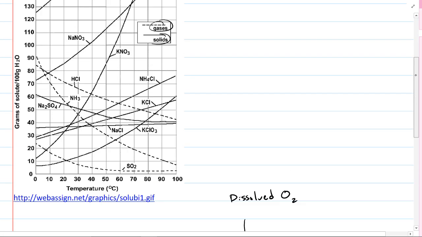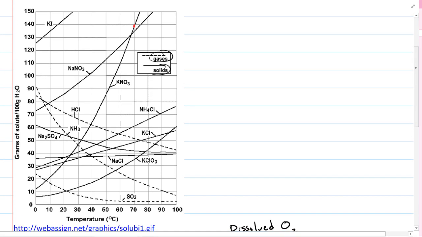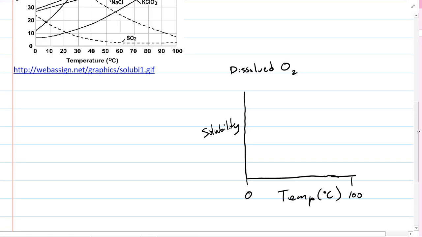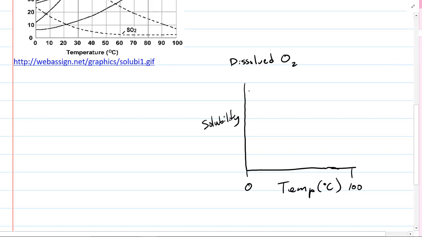We'll go back to our data here. What would our data suggest should happen to it? It should go down, exactly. So the plot of dissolved oxygen looks something like this. The maximum solubility of oxygen sits at a temperature of 0 degrees Celsius.